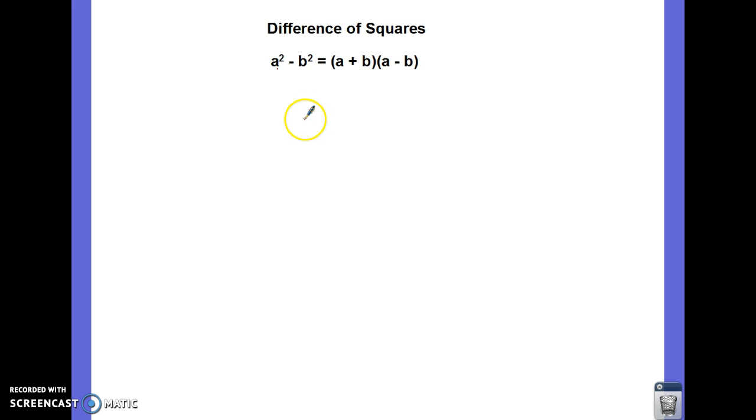So simply, you just take the numbers or the variables without the square, add them once, then multiply them by the difference. So it's the sum times the difference of the bases.